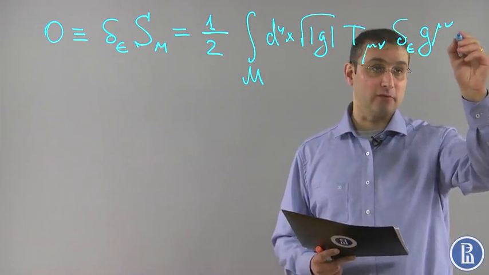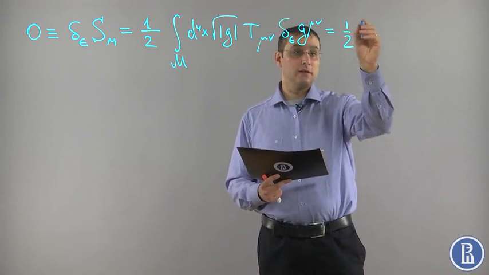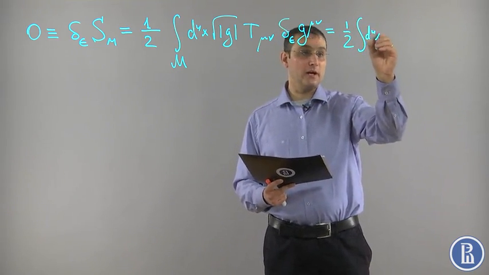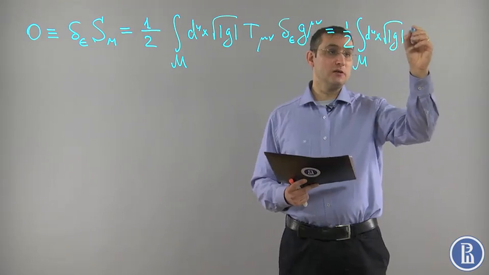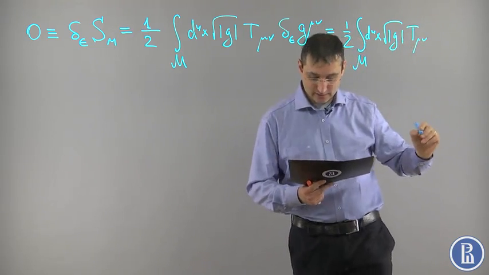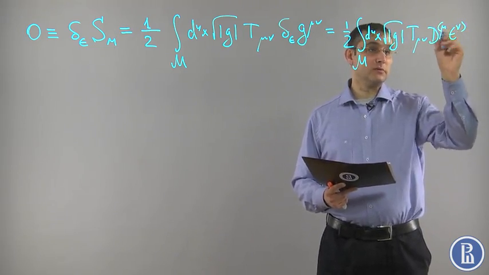These we have found. So this is nothing but 1/2 integral over d4x over the space-time manifold, square root of g, t mu nu times d mu epsilon nu symmetrized.